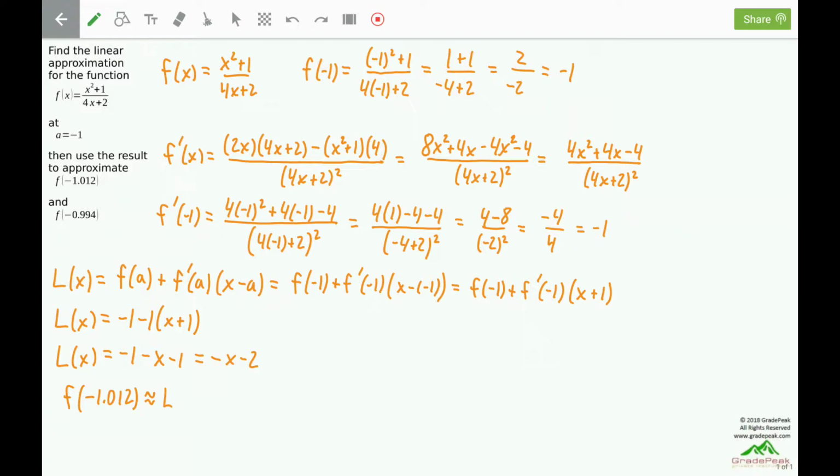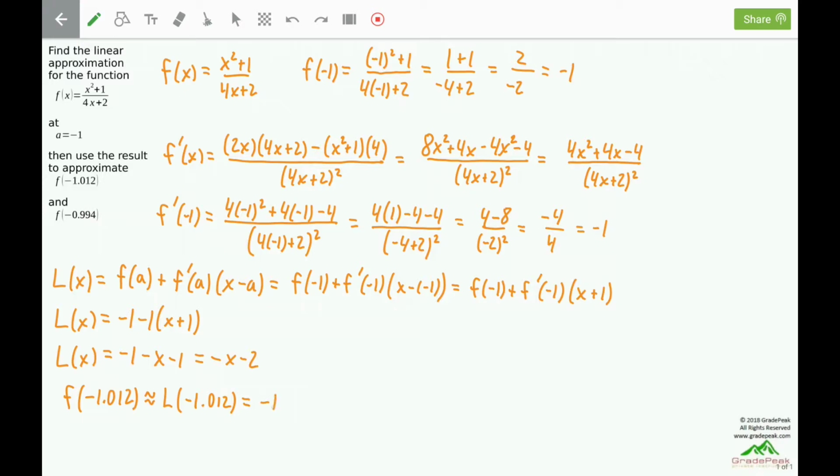And negative 1.012 is near negative 1. So we can use L, the linearization or the linear approximation, to approximate this. The best version to use is the original version. Just numerically, it tends to work out a little bit easier.